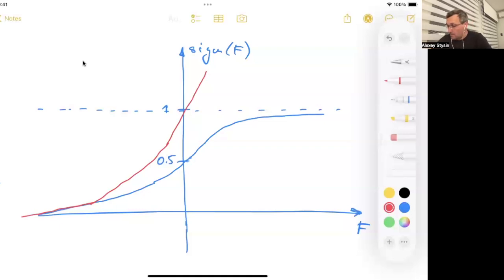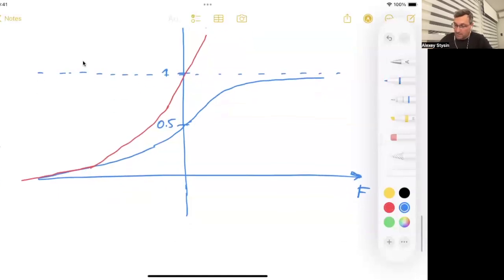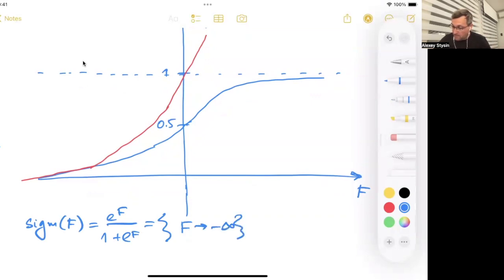So this is clearly seen by sigmoid of f being e to the f over 1 plus e to the f. And when f is large negative, so when we consider f going to minus infinity, e to the f is going to be a very small number compared to 1. So we can drop this thing here.